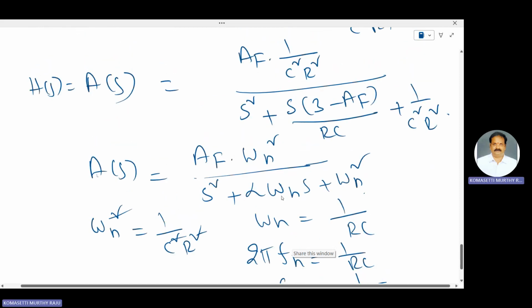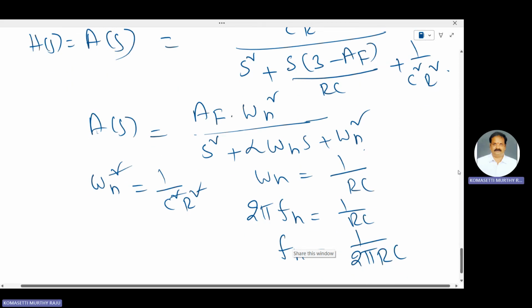And one more term: alpha into omega H is equal to 3 minus AF by RC.